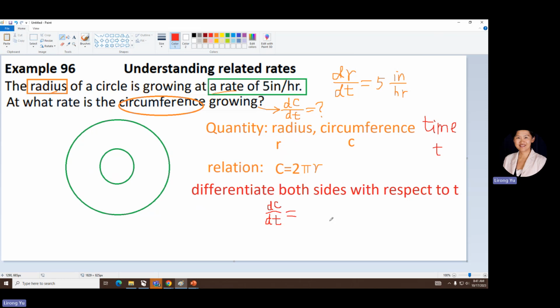This coefficient 2 pi will be maintained, and all you have to do is differentiate the r. Basically, if you have 5 times function f, then the derivative of 5f is 5 times f prime. So all you have to do is differentiate the variable function, and the numerical number is something you carry around and don't have to differentiate. So keep the 2 pi, then multiply by dr/dt.